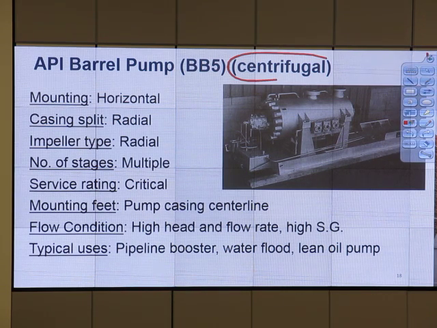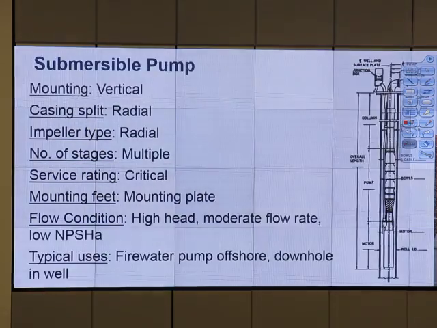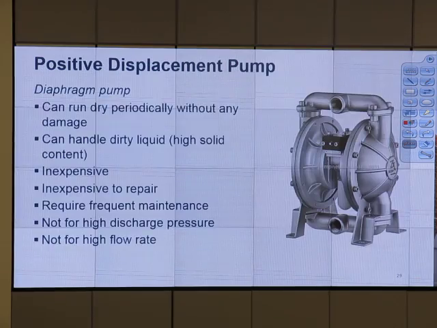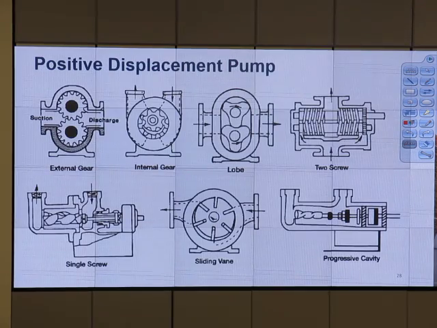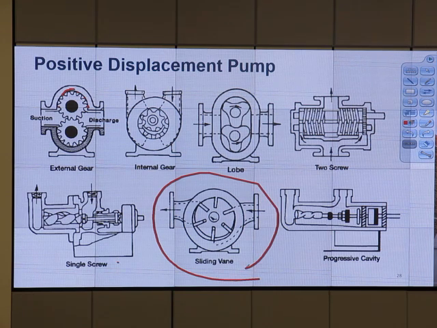So the PD pump is the one that you see in the video. This kind of thing is a PD pump. It has a rotating part or circulating motion, but liquid goes in between the gap. Okay. So screw, sliding vane, progressive cavity, lobe type.